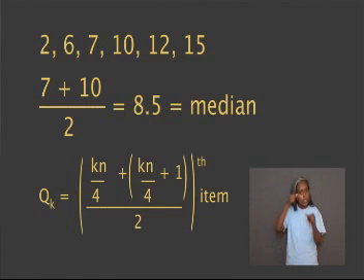Remember that K will be 1, 2, 3, or 4, depending on which quartile you are solving for. Also, N will be the number of integers in the dataset.